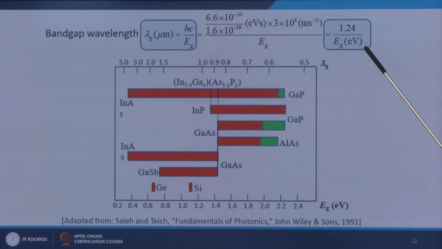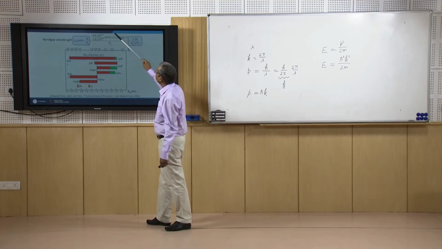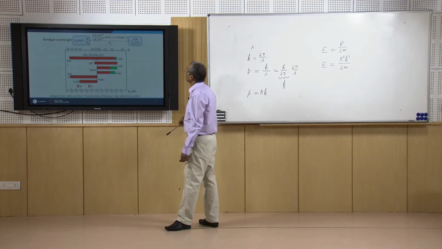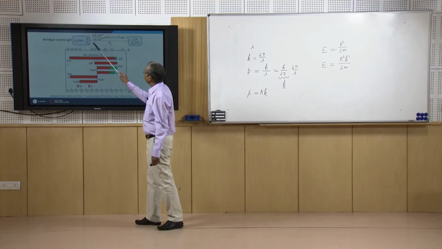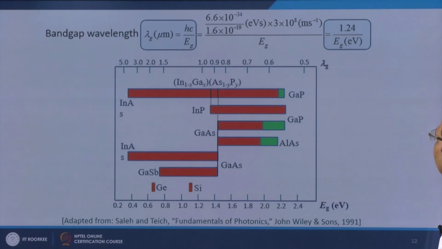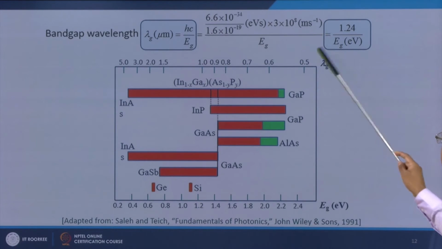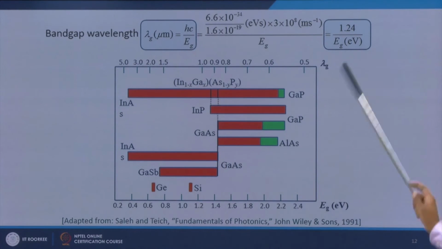Then I can have this as 1.24 divided by Eg. This will give you 1.24 times 10 to the power minus 6. So, 10 to the power minus 6 will give you wavelength in micrometer, and then the eV reflects here, that is, Eg will have to be input in eV.